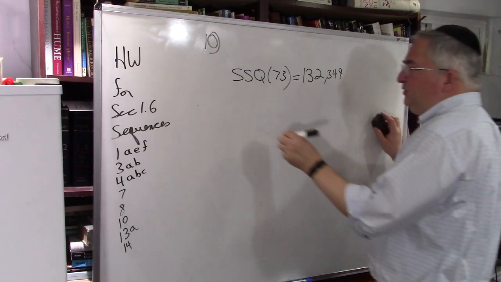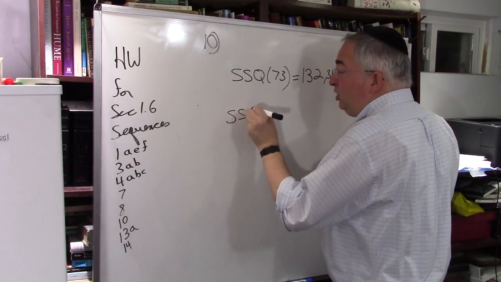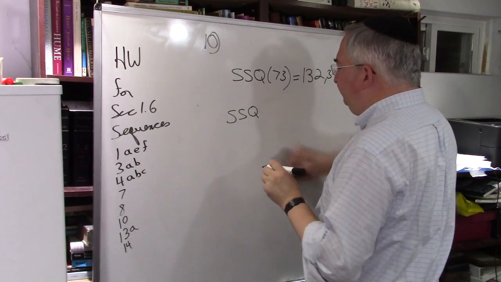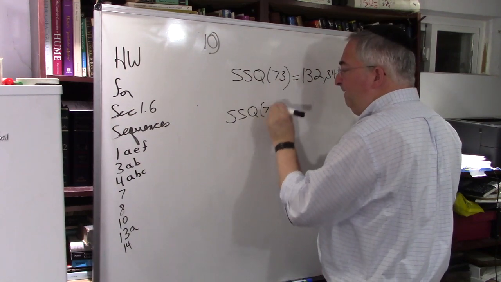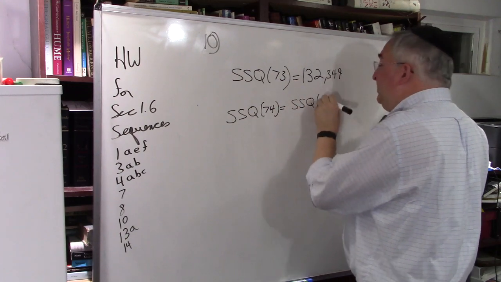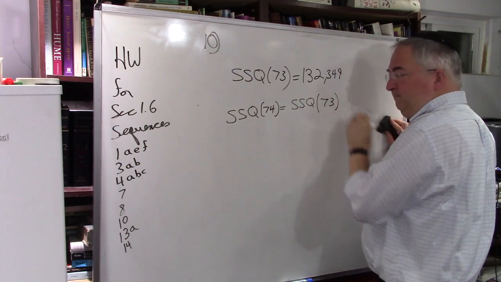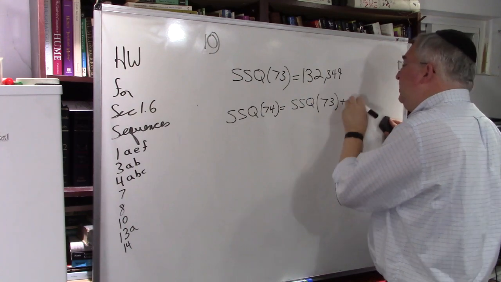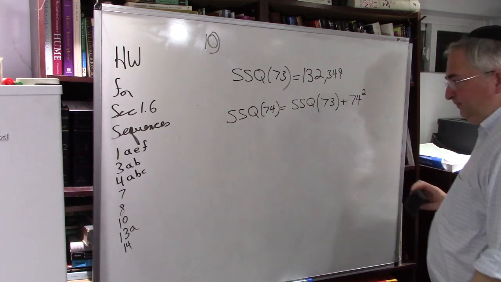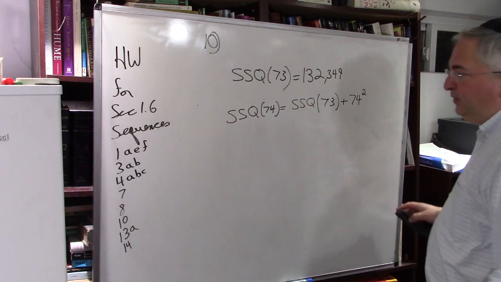So let's do this. SSQ of 74 is equal to SSQ of 73 plus 74 squared. Okay, we're going to do this with a calculator in 1 second.